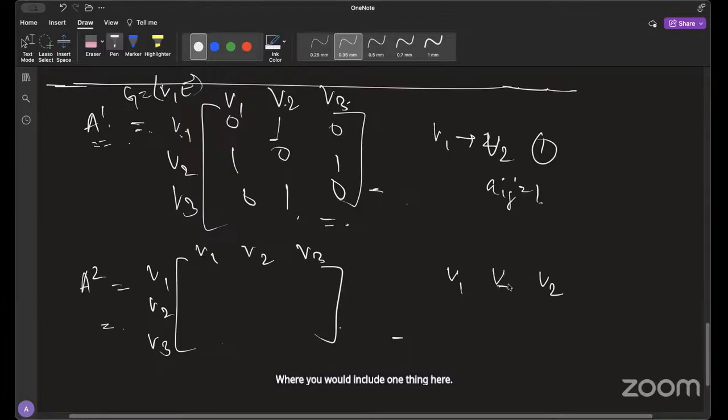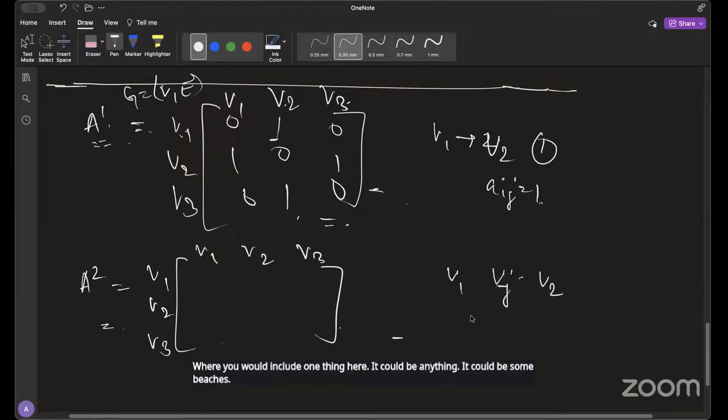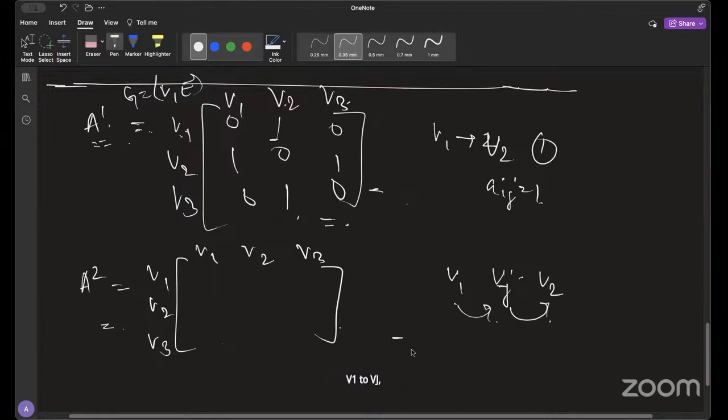It could be some Bj. So it's B1 to Bj and then Bj to B2. If there is some Bj such that there is an edge from B1 to Bj, and then an edge from Bj to B2, then you write 1 here. And if there is not any edge which follows this, if this doesn't happen at all, then you put a 0.